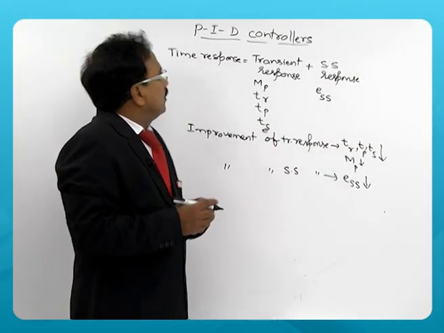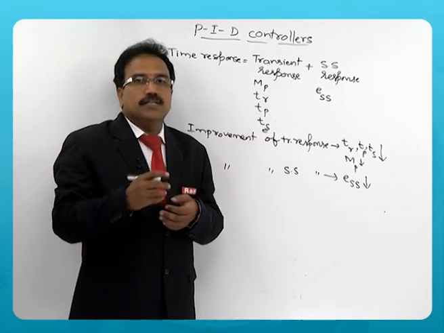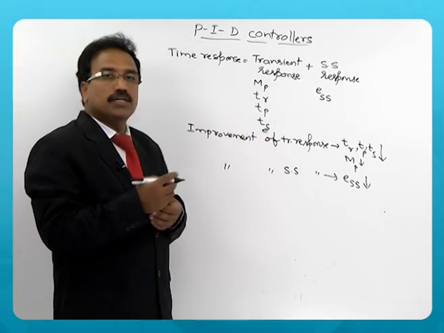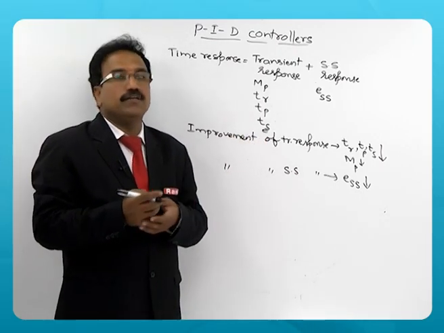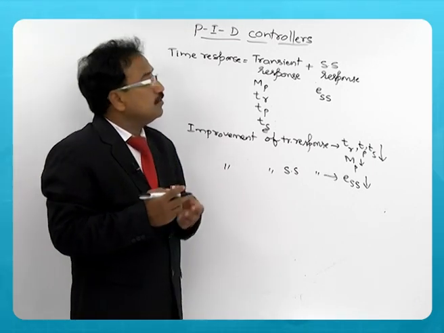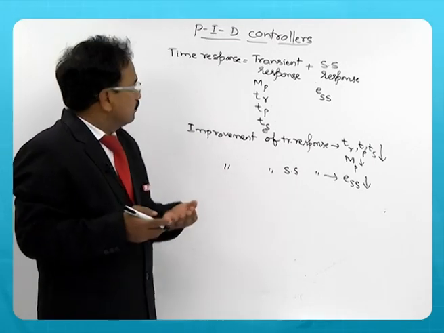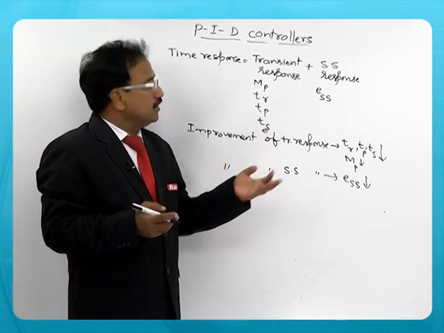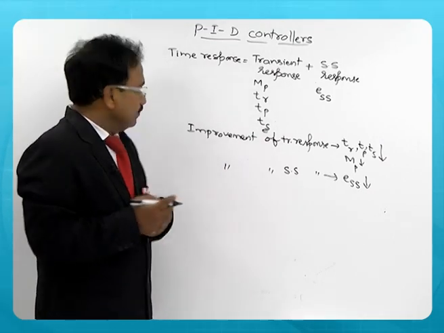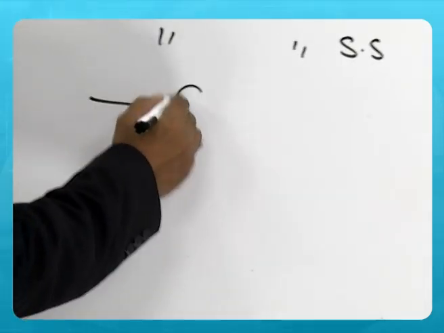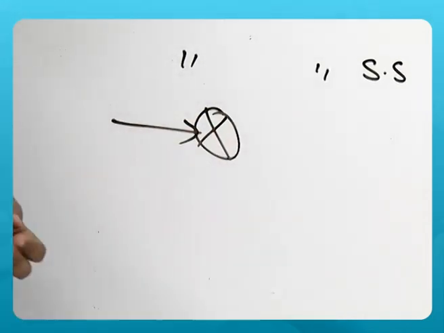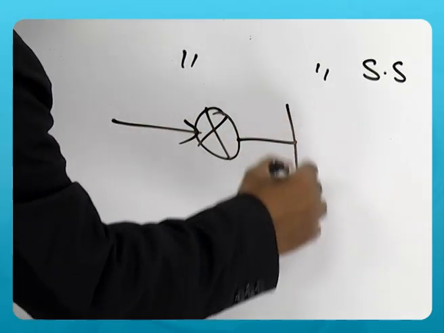So, a PID controller, the proportional, integral and derivative controllers, are useful to improve the steady state and transient performance of the system. That is why it is represented in the form of block diagram in a closed loop control system.